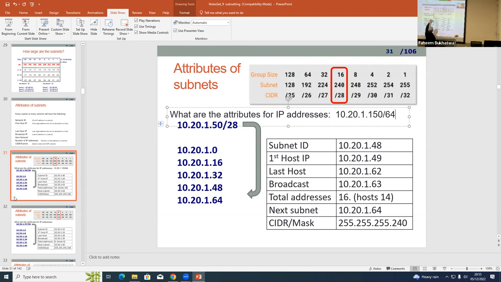Okay, first you write the IP address and work out what's the network address for that. This is based on a /24 network. So it's not /24, sorry, the mask is /26.